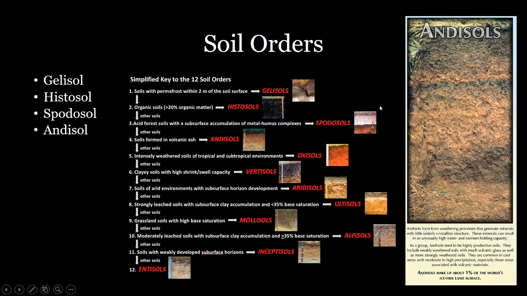And then next we have andisols. So andisols are formed from volcanic ash. So you may have heard that after a volcano erupts, the soil that results after all the destruction has cleared is highly fertile.